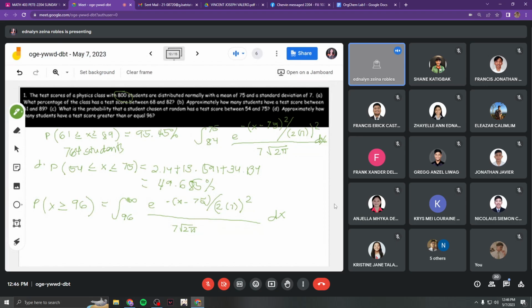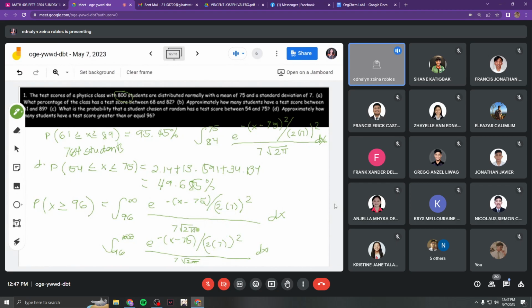Ano? I'm assuming that this will be 1,000. In order for us to be uniform, let us assume infinity as 1,000. So, assuming that my nearest value to infinity is 1,000, we will be having the definite integral from 96 to 1,000 of e raised to negative (x minus 75) squared over 2 times 7 squared, all over 7 times the square root of 2 pi dx.